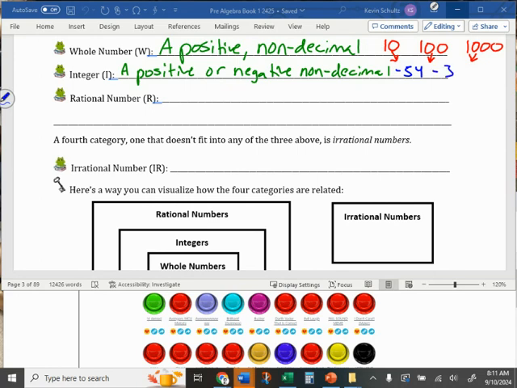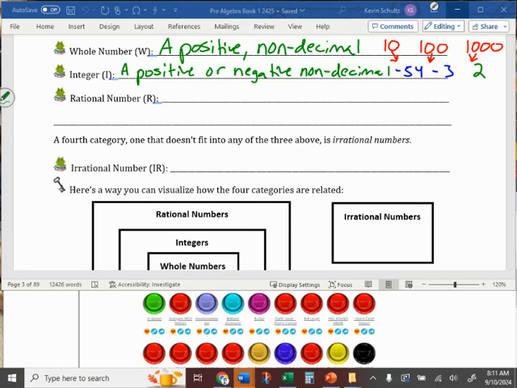What's an example of a number that is both whole and an integer? 2. It's whole because it's positive. It's an integer because they can also be positive. You see the difference there? Have I lost anyone so far? Okay.